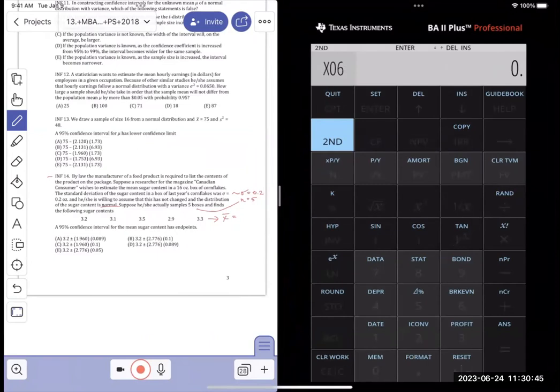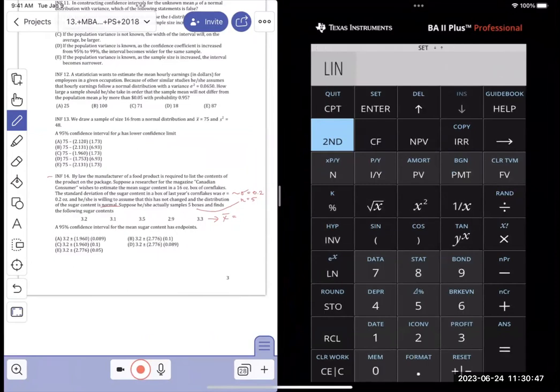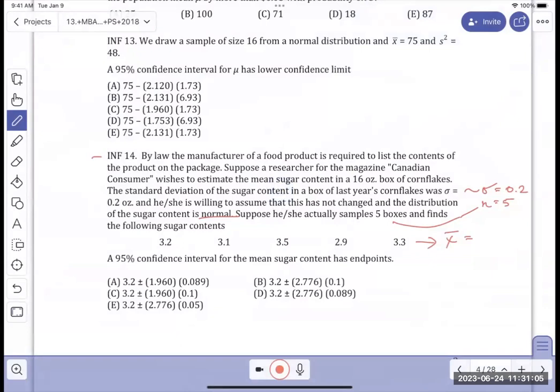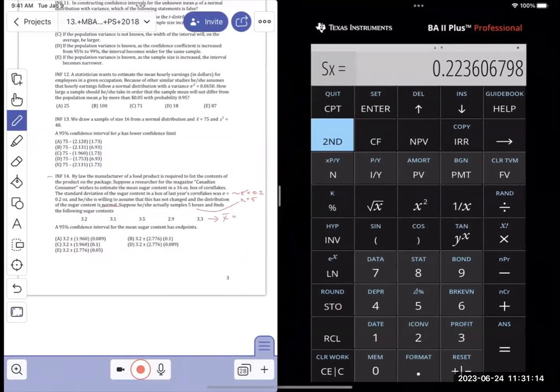And then second stat, and you scroll through and you get the mean of 3.2. You also get S, but you don't need S because you have sigma. Sigma is always better than S. So 3.2.